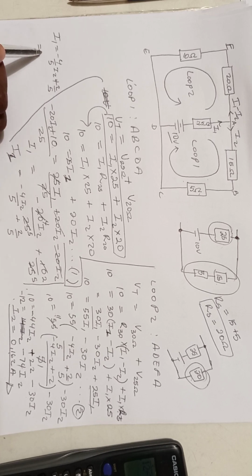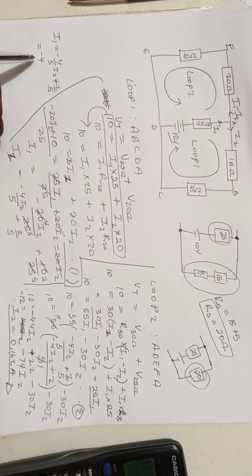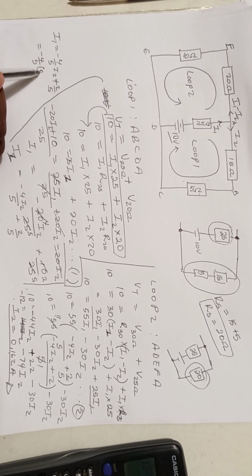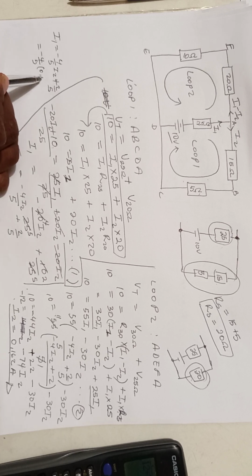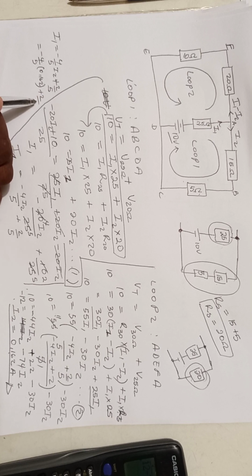So this is gonna be minus 4 over 5 multiplied by 0,162 plus 2 over 5.